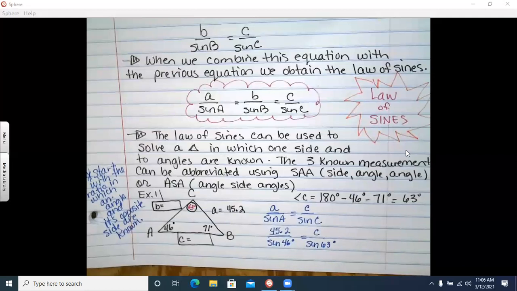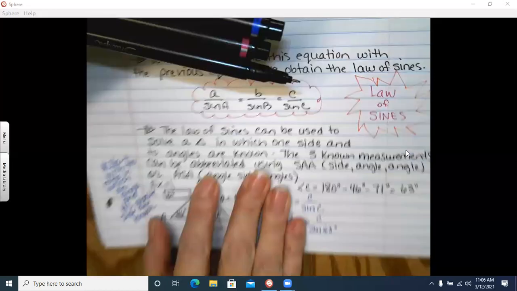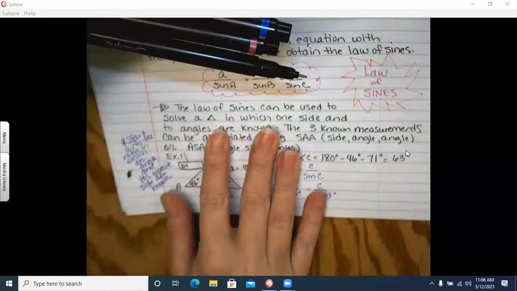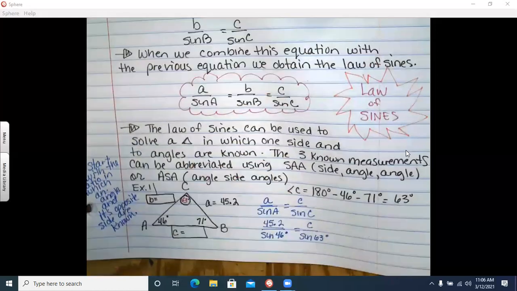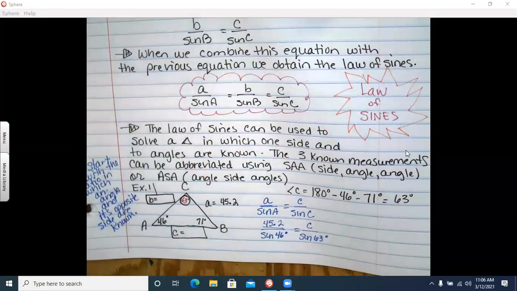Now I am trying to solve for c, correct? c is being divided by the sine of 63 degrees. If I want to get rid of that sine of 63, multiply both sides by what? The sine of 63 degrees.